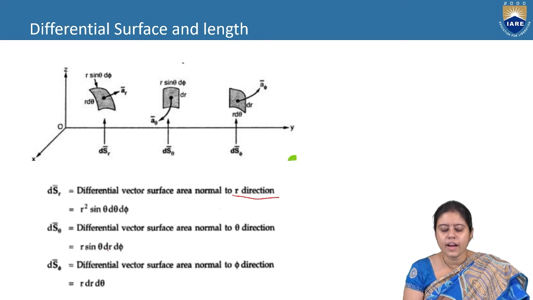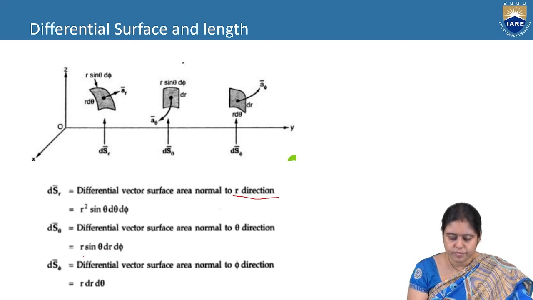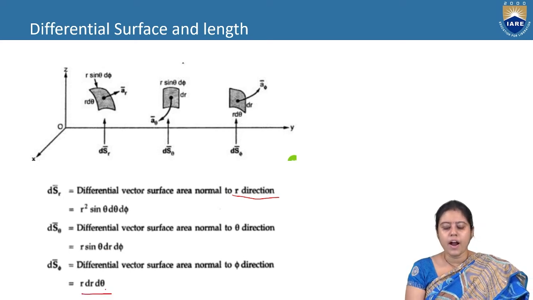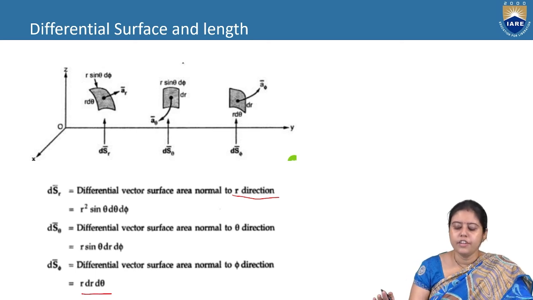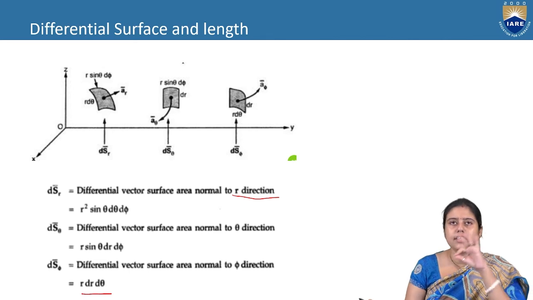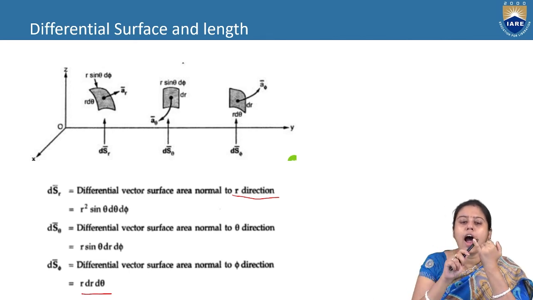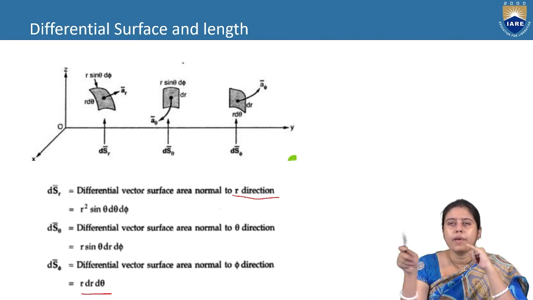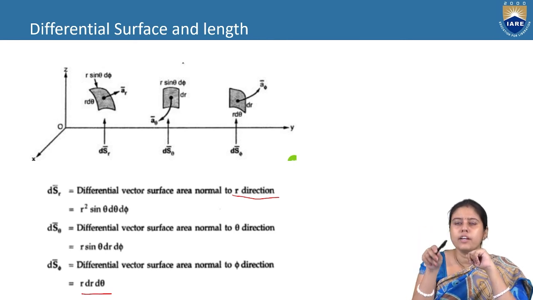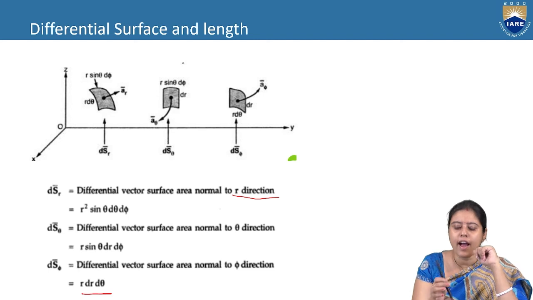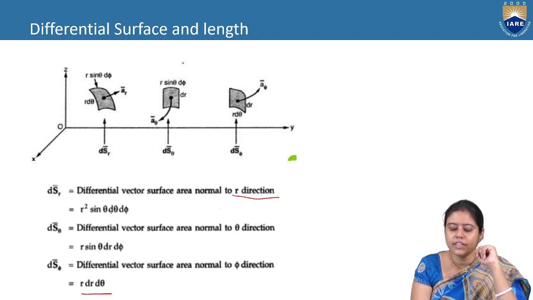And when phi is constant, we got the value r dr d theta. So there are three constants. First is r constant. R constant means the variables are the height and the angle. So what is the length along the height? r d theta.